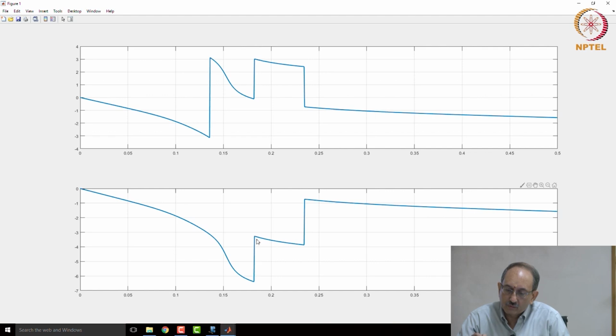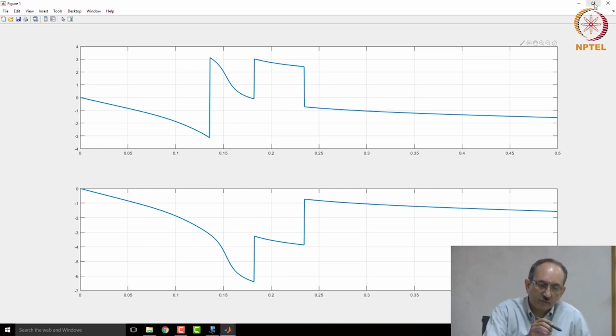And again, after this jump of pi, you keep going, and then you hit the second 0, and now again you are jumping up by convention, and you keep going. So, this is the unwrapped phase, this is the wrapped phase. Okay. So, this tells you the difference.